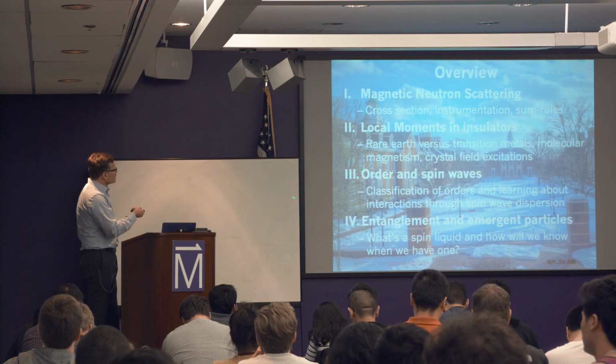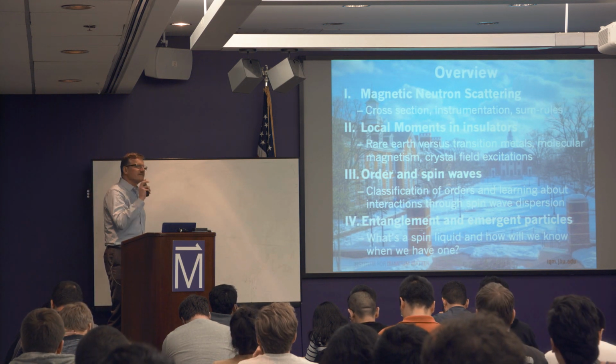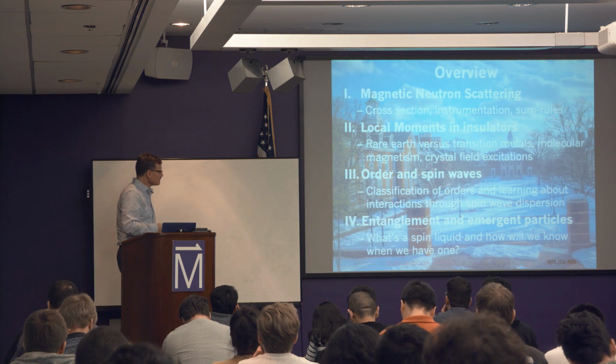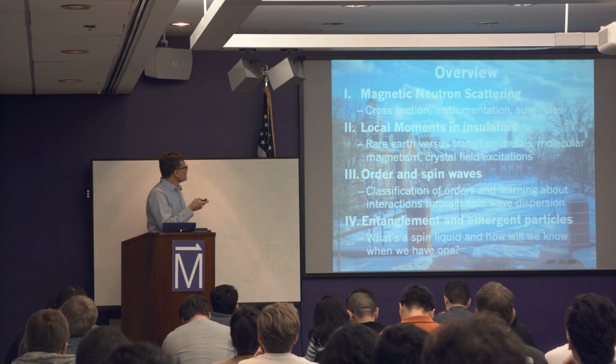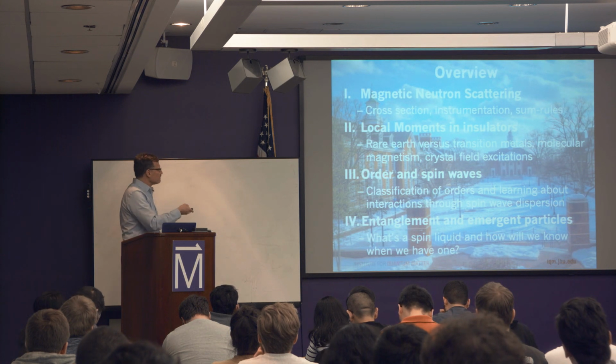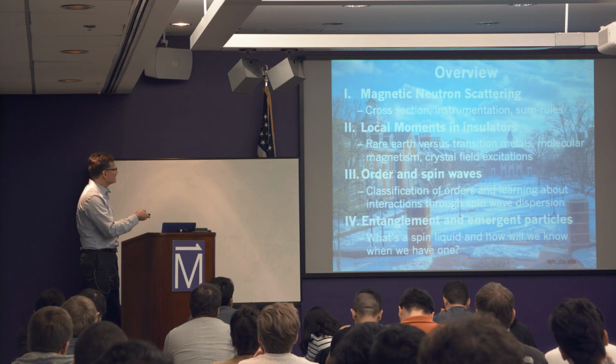Then we'll have these moments actually interact with each other, and that will be initially in a relatively standard case of a system that has a long-range ordered magnetic state, but there are some interesting aspects of the particular material that I'm going to talk about here.